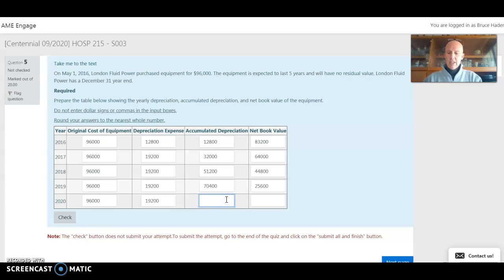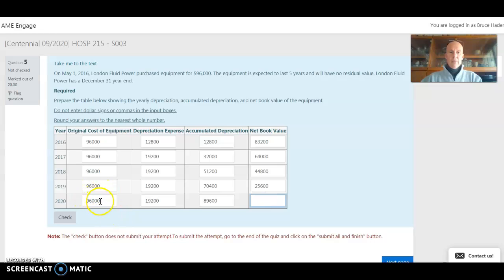And our accumulated depreciation, we take the depreciation for 2020, we add it to the accumulated depreciation from 2019, and I get a number of $89,600.